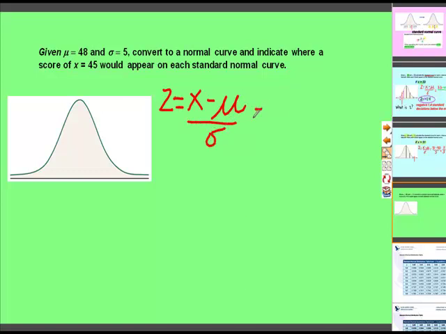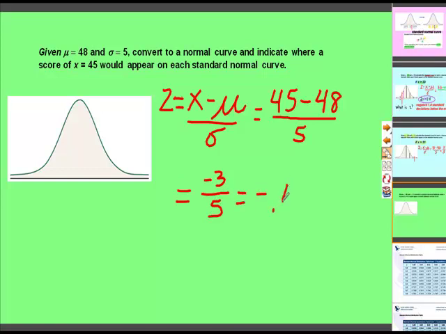In this scenario, x is 45, mu is 48, standard deviation is 5. I'm going to have negative 3 divided by 5, which is negative 0.60.